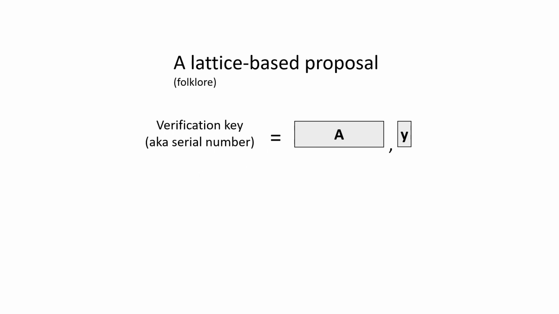Lattices seem to be a very natural candidate for making quantum money. The Farhi et al. approach to making quantum money from lattices is roughly as follows. You start with the verification key, also known as the serial number, which is just a short wide matrix A, as well as a vector y, and they're both defined mod some modulus q.